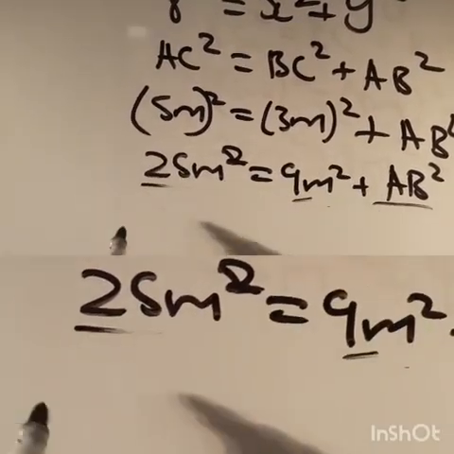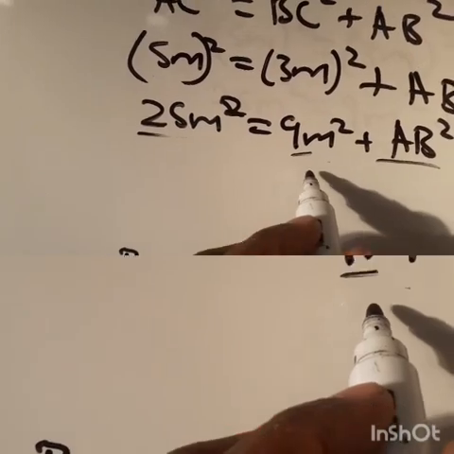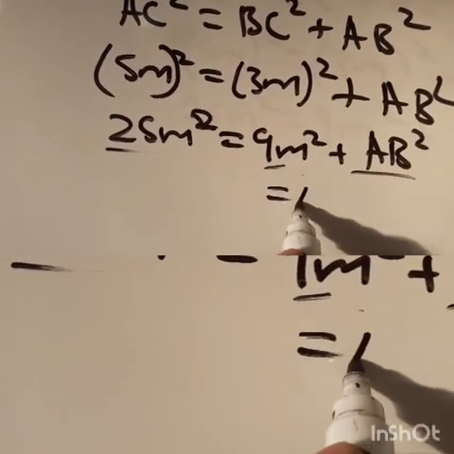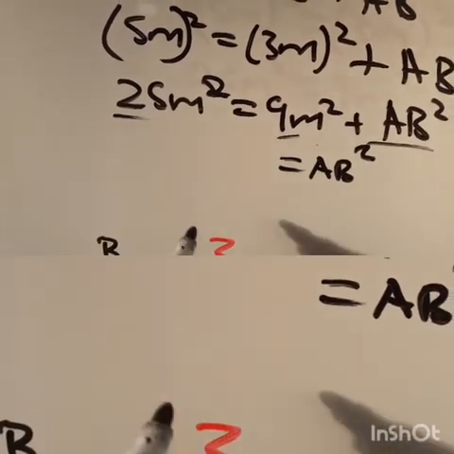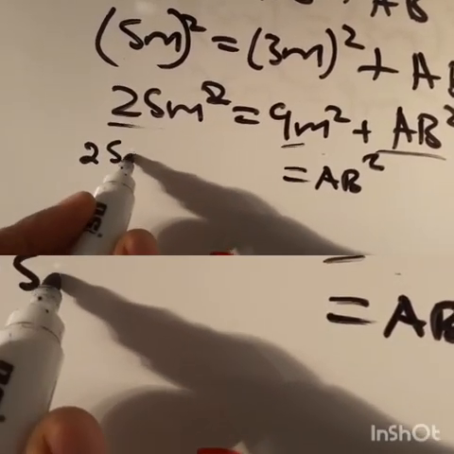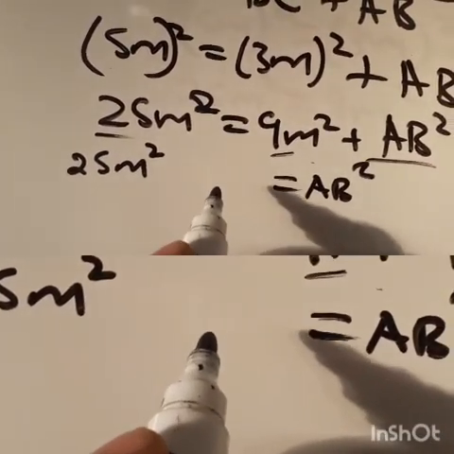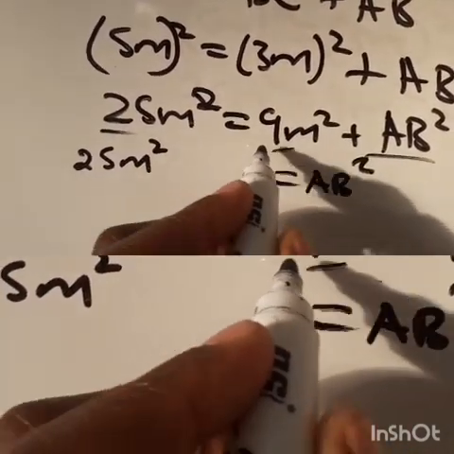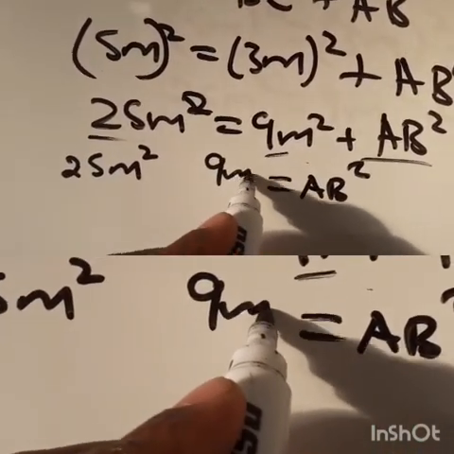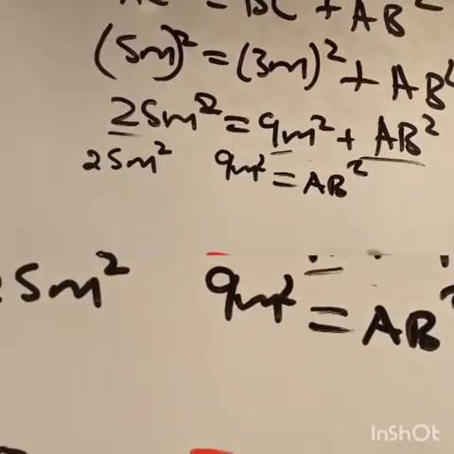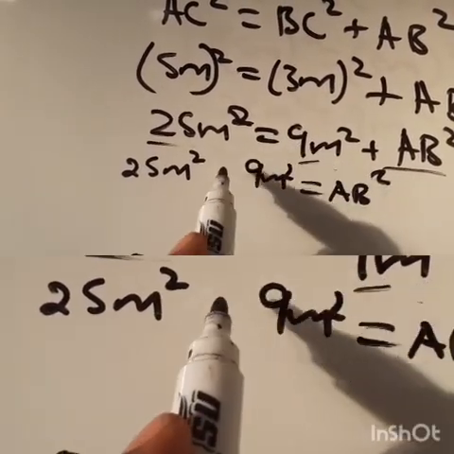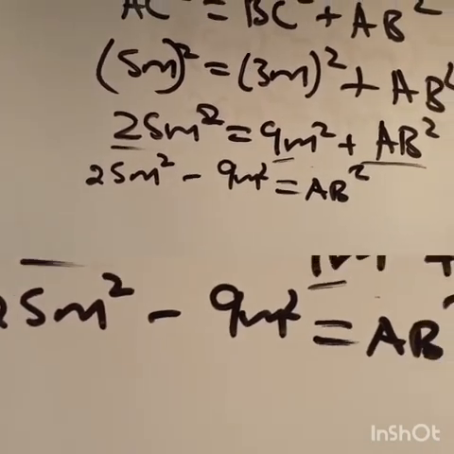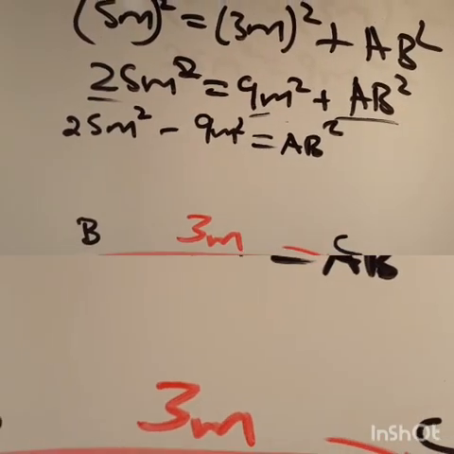So I'll be moving this one that side. If I move that one this side, then I'll be left with AB squared here. Then this side I had 25 meters squared. Then this one comes to this side as 9 meters squared. Now remember, we are transposing, and since it has come to this side, it was positive, now it becomes a negative.